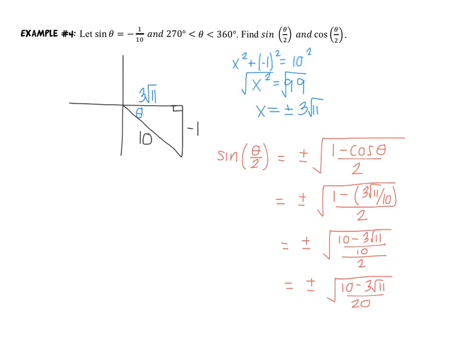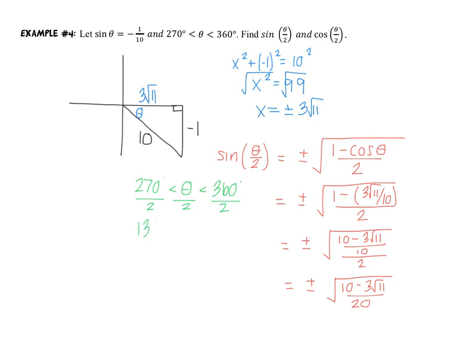We need to look at the restriction. So 270 was the lower bound of your angle, and 360 was the top bound. That's for theta. I now want it for theta divided by 2. So I'm going to divide each part by 2 to see the restriction for theta over 2.